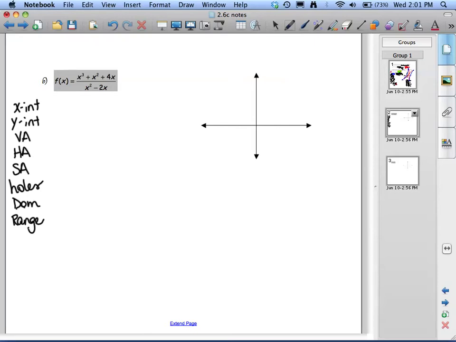What's our very first step? Factor. What do you do after you factor?